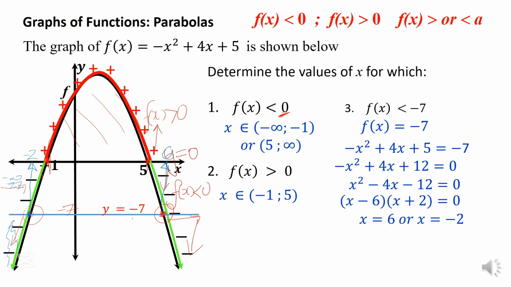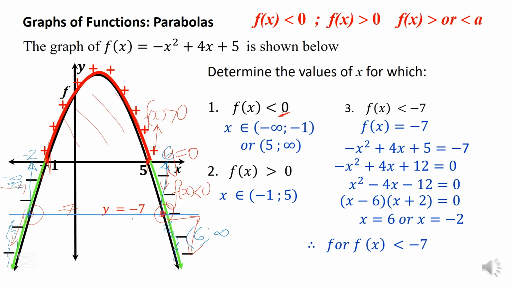Then from the number 6 going to the right hand side, the graph is below -7. That means f of x is less than -7.